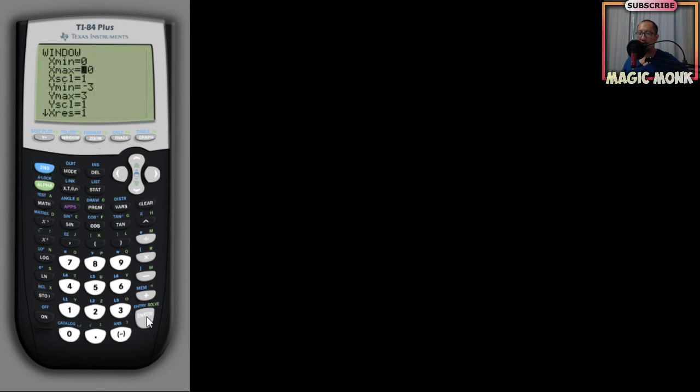X min to 0, X max to 3. Just go -2 to 2. Just see what it looks like. And then let's just see what the intersection is first. Second calc, intersect, this point, guess this point here.